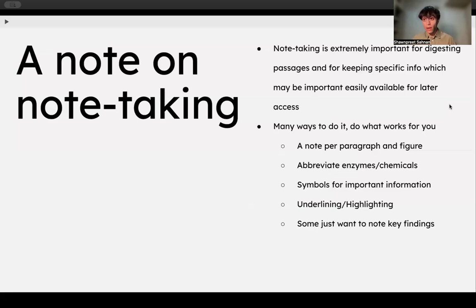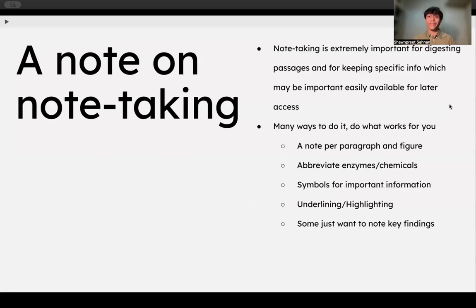I'm just going to throw out a couple ways that I know people have done it and that people like. Some people will make a little T structure and then they'll put main information on the left side, like big terms, for example, an enzyme name, and then smaller, less important, but still descriptor information for it on the right side.